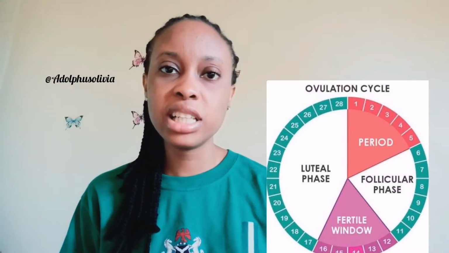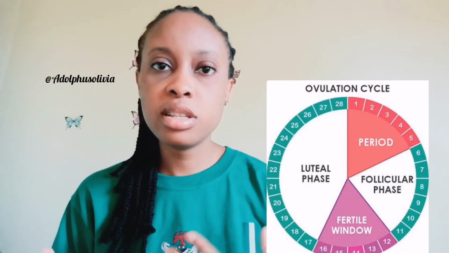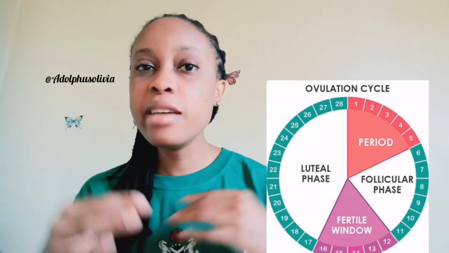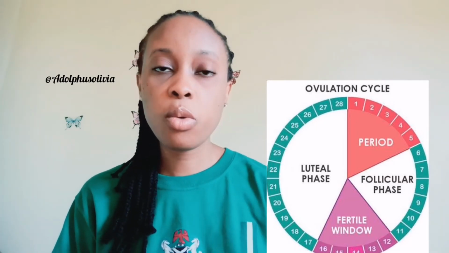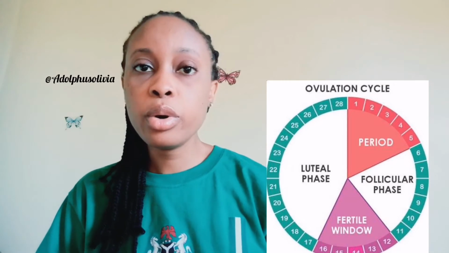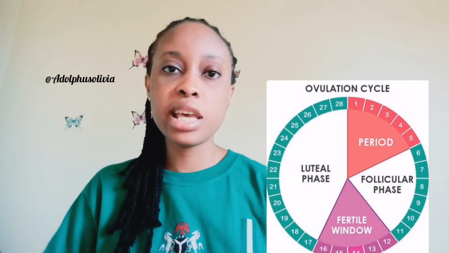Your body is actually preparing you. The hormones, the follicle-stimulating hormones, I'm trying not to use ambiguous medical terms in this video so that anybody that stumbles on it will understand what I'm saying. Your body starts preparing your womb and your female reproductive organs to house a baby.